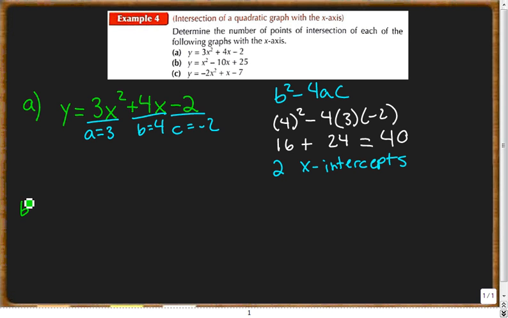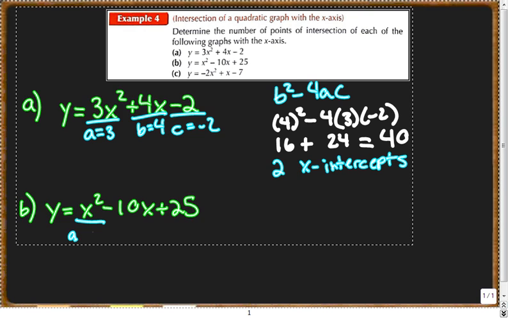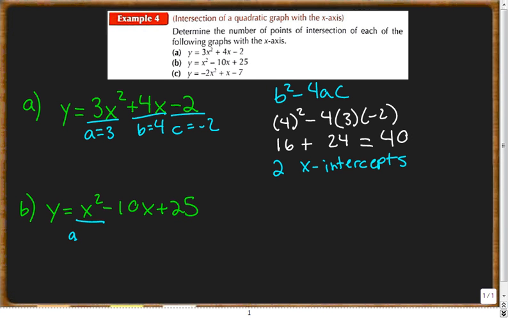Now B is y equals x squared minus 10x plus 25. So again, we need to figure out the value of the discriminant for this equation. A is going to equal 1, B is going to equal negative 10, and C is going to equal 25.